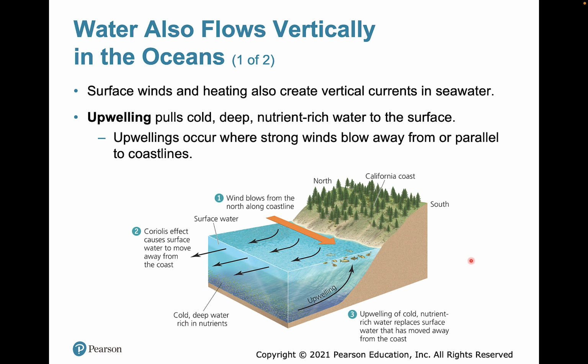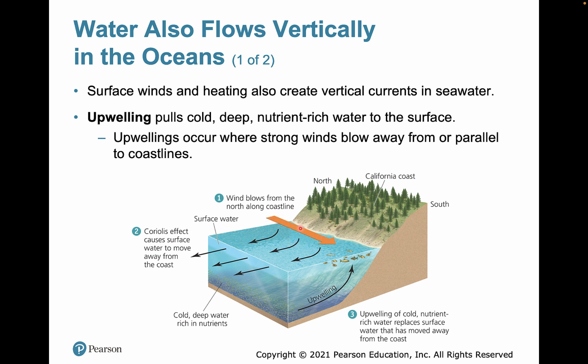Surface winds also create these vertical currents, right? As you have wind that blows from the north along the coastline, so in this case, it's the California coast. There's winds that blow roughly from north to south. It pushes water, this thing called the Coriolis effect we're going to talk about in the key points.